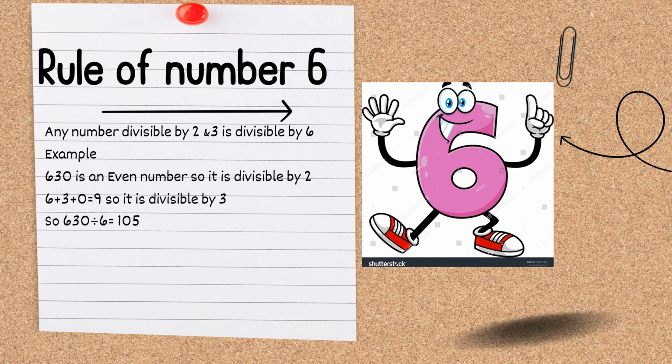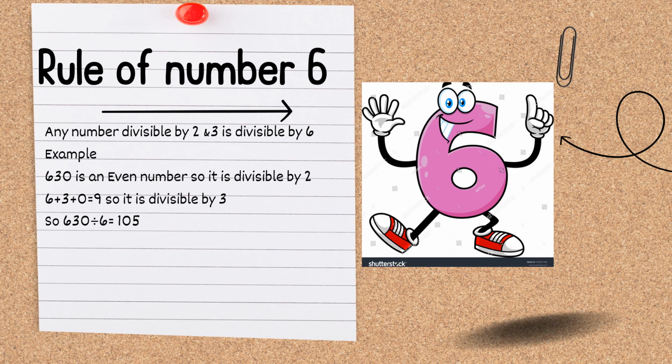So let's check. 630 is an even number, so it is divisible by 2. Let's see the sum of the digits: 6 plus 3 equals 9, 9 plus 0 equals 9, so it is divisible by 3. So it should be divisible by 6 also.